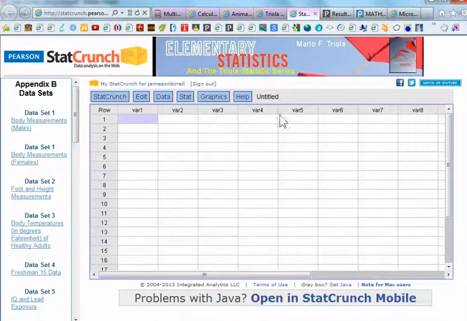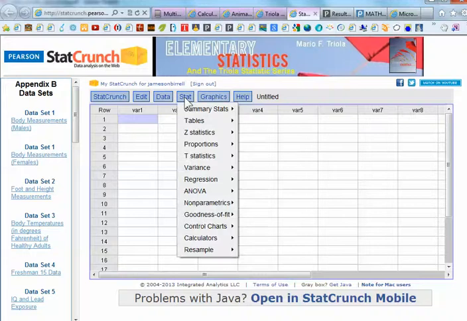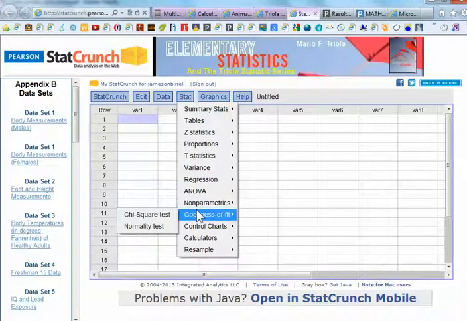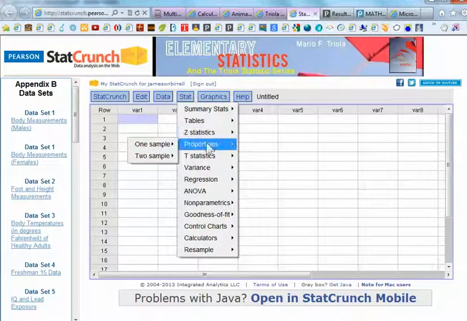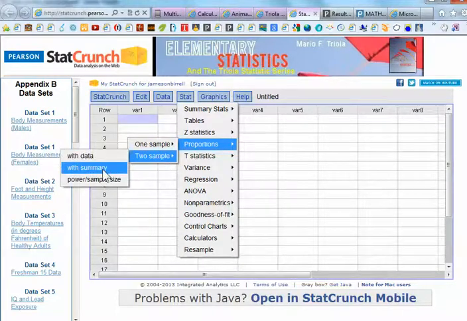We could have done the whole confidence interval for a one sample. You actually could have used that and used the two sample and done that whole thing, especially if you're doing the proportions, like in chapter 9, proportions, two sample, and then with summary.